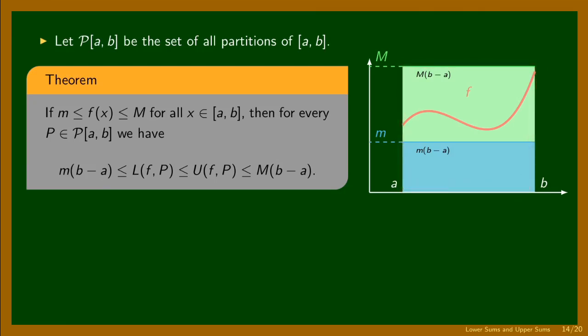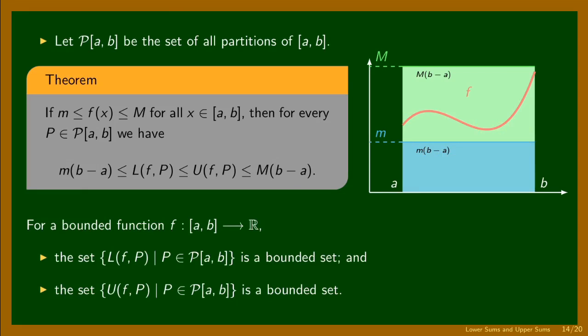So as you can see, if we construct any partition here, yung lower sum mo, ito, right? Ito yung lower sum natin, will be bounded below by this. Yung upper sum mo naman, ito ganyan, will be bounded above by M times (b minus a).